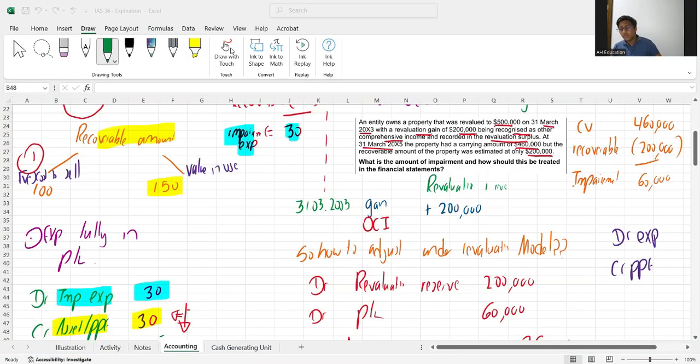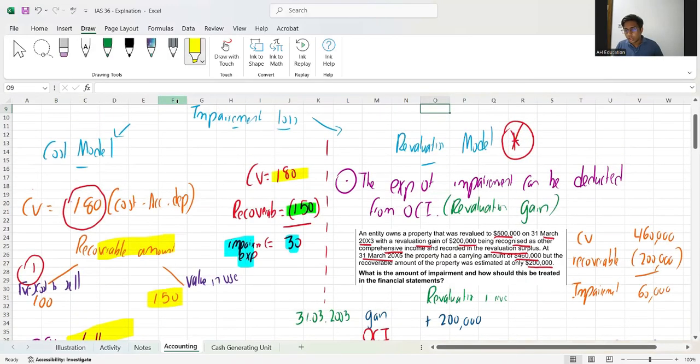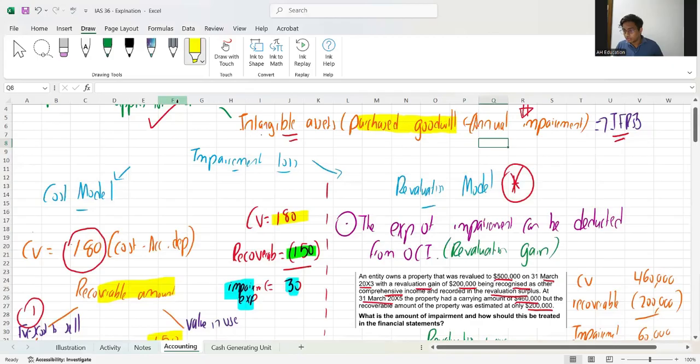Now, in terms of your cost model, if there was an impairment expense, you always expensed it fully in your profit or loss. The entire impairment expense was directly taken to your profit or loss as an expense. That is under your cost model. Now let us look into a new thing, which is called your revaluation model. What does the revaluation model say?